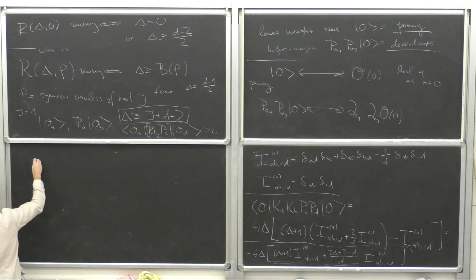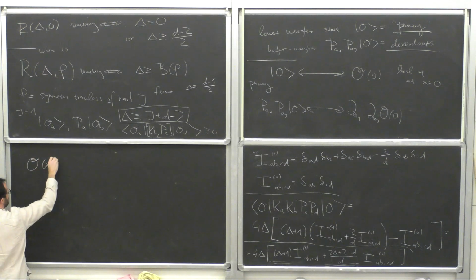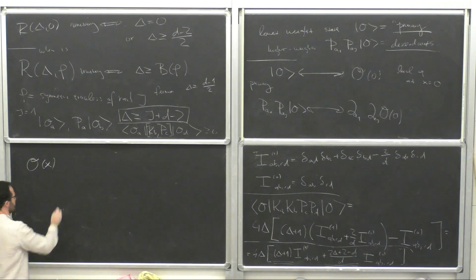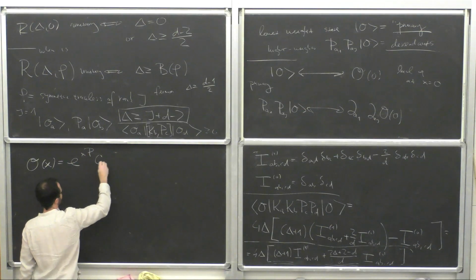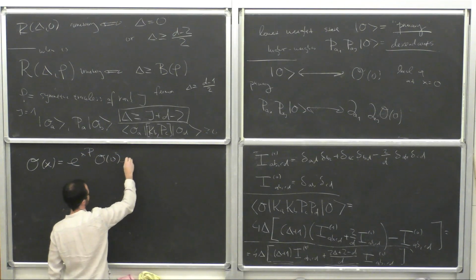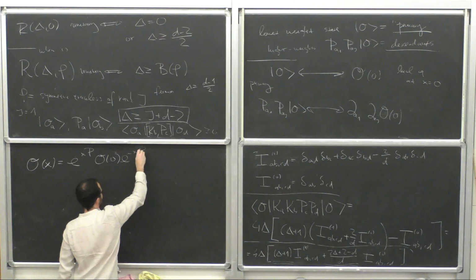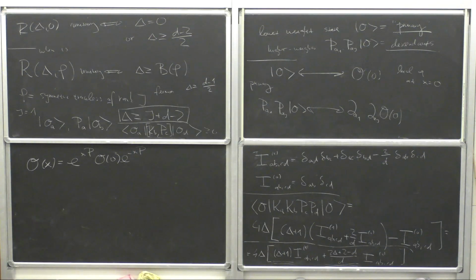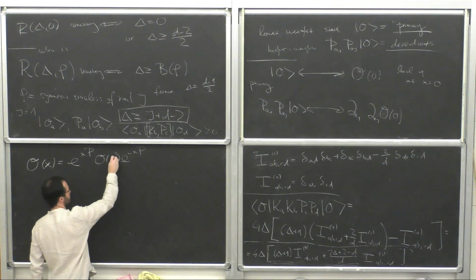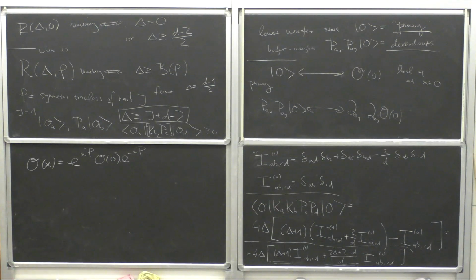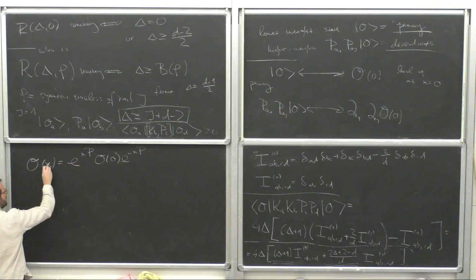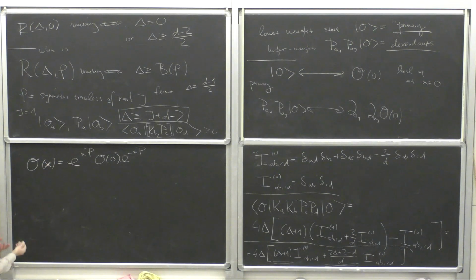The way to think about it is that if we want to insert an operator at x, we can conjugate it with translations. We start with the operator at the origin, and we conjugate it by translation. This is how symmetries work. Now we can ask, how do the conformal generators act on O of x?